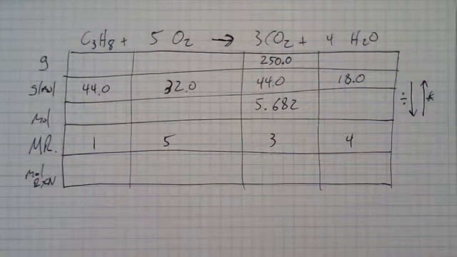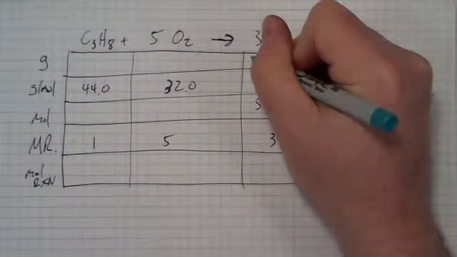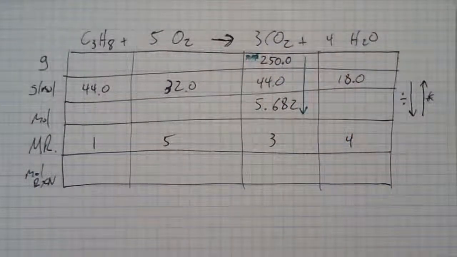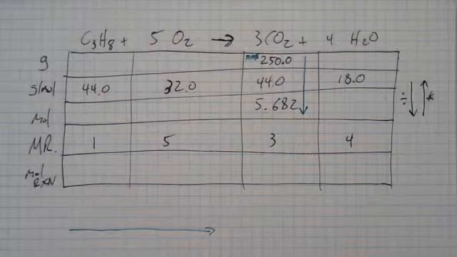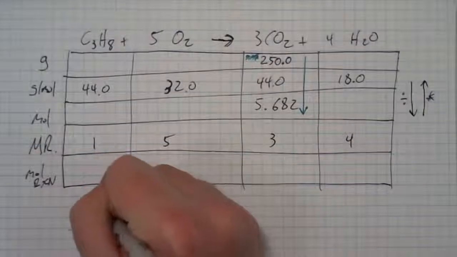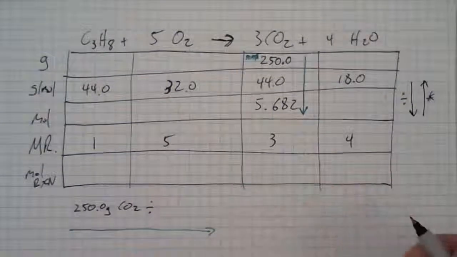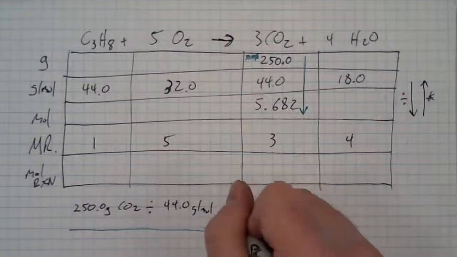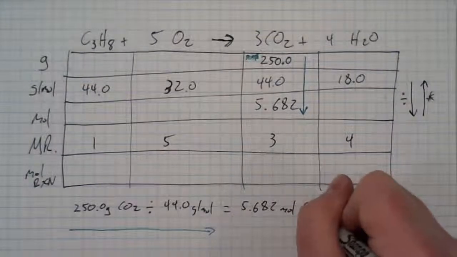Now, I want to take a moment and show you that what I just did, coming down to here, is the exact same as doing it this way, which might be more familiar to some of you. 250 grams of CO2, divided by 44 grams per mole, the molar mass of CO2, gives 5.682 moles of CO2.